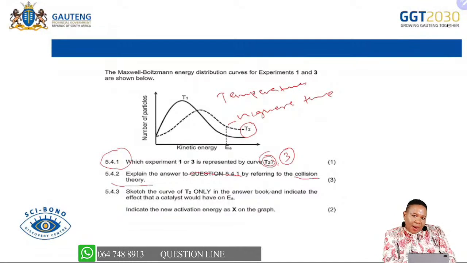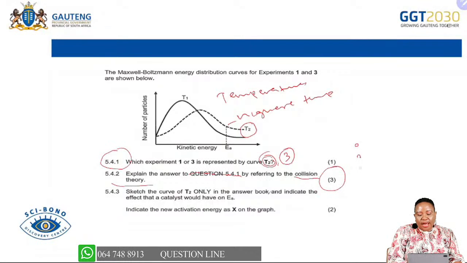So what are we talking about here? We are talking about the temperature. So the first thing we need to say, how will the temperature affect the rate of reaction? It will do what? Increase the number of reacting particles so that there will be more particles with energy sufficient, which is greater than or equal to the activation energy, and there will be more effective collisions per unit time.